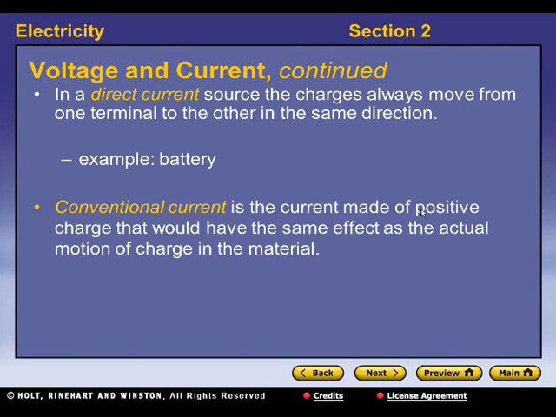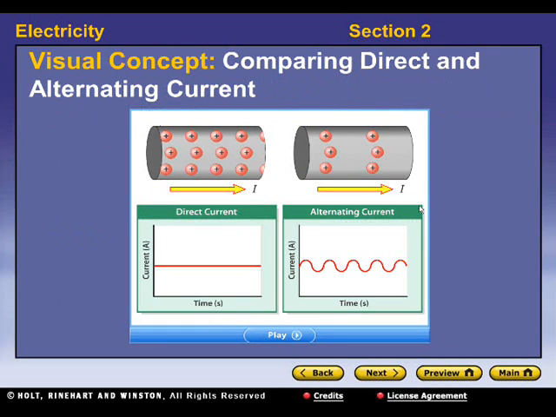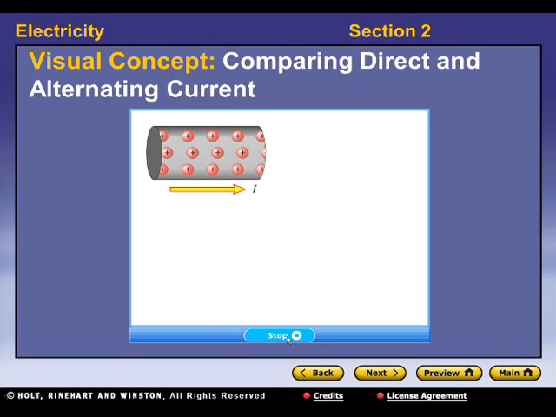So the current made of positive charge would have the same effect as the actual motion of charge in the material. So the direction of current is opposite to the direction that the electrons move. So let's watch this comparing direct and then something called alternating currents.